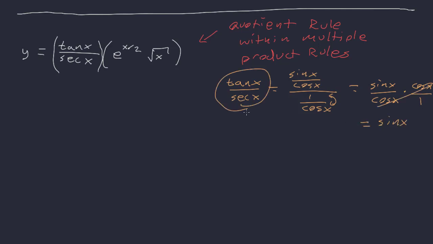So this can actually simplify down to be sine. So I'll have sine of x times e to the x over 2 times the square root of x. And now this has thankfully been simplified down to just being a product rule.